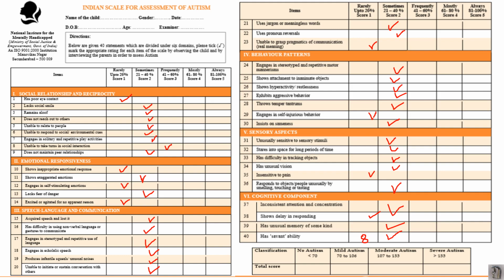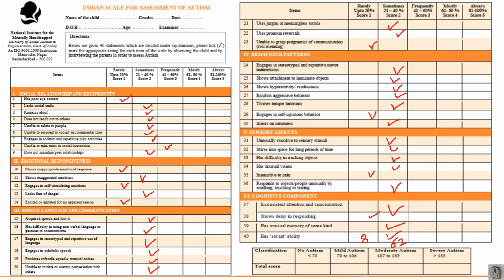And then in score 2, 1 2 3 4 5 6 7 8 9 10 11 12 13 14 15 16 17 18 19 20 21 22 23 24 25 26 27 28 29 30 31. So 31 into 2 is how much? You have to calculate it. You can calculate it with your calculator so that there are no mistakes. 31 into 2 is 62. So in the second column, you have scored 62.